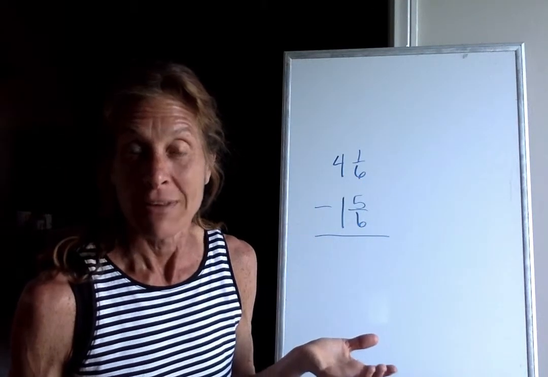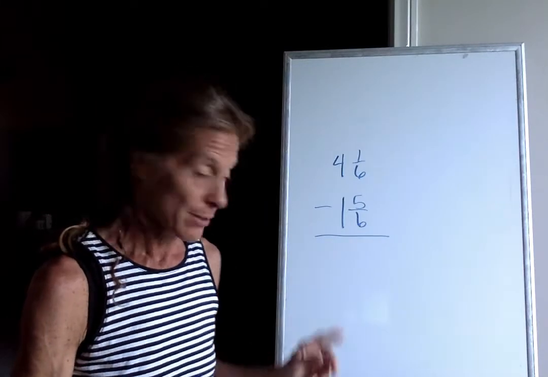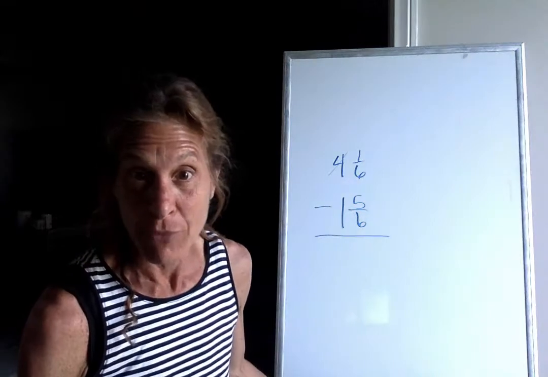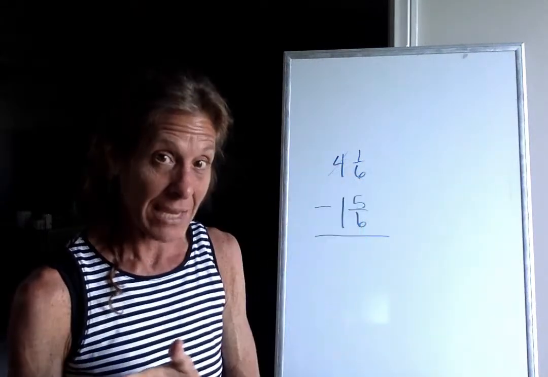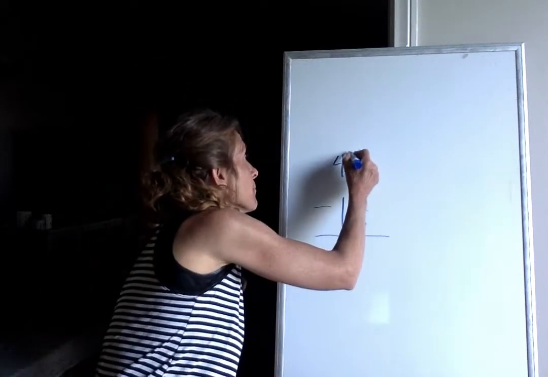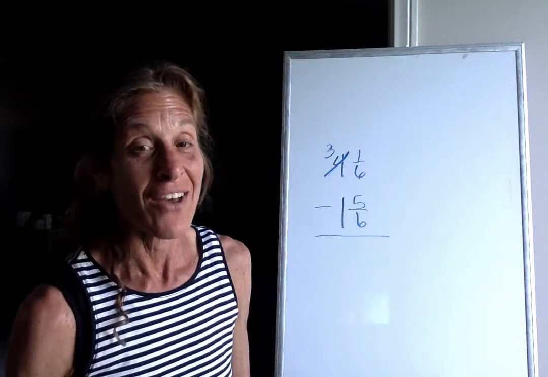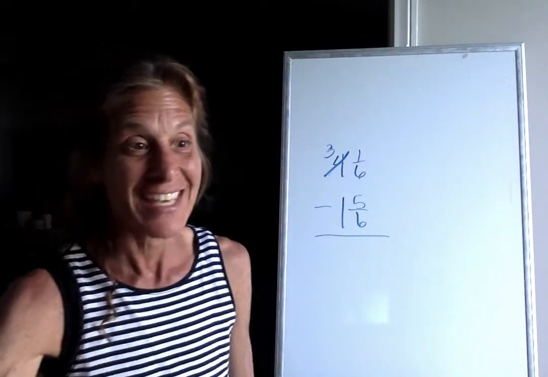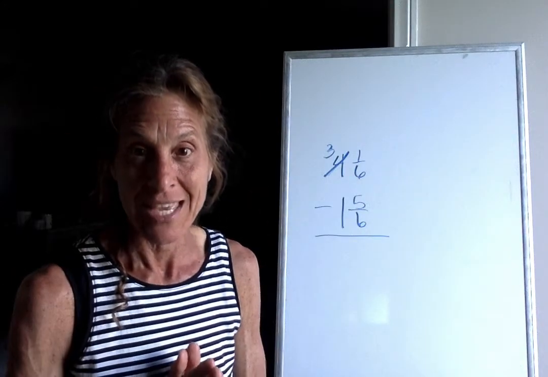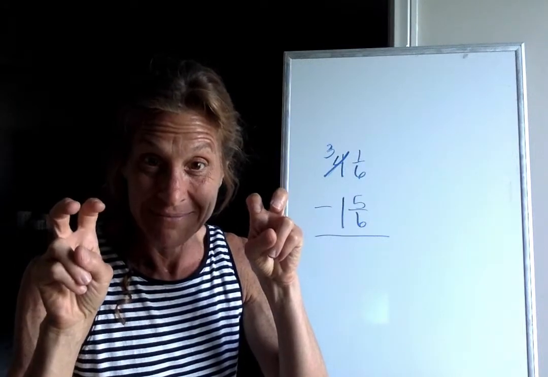Where am I going to go? So we're going to go to its whole number neighbor. We're going to borrow from the 4. If I'm taking from the 4, it's going to turn into 3, correct? This now becomes a 3. Well, when we borrow from a whole number in the world of fractions, we are borrowing a fraction.